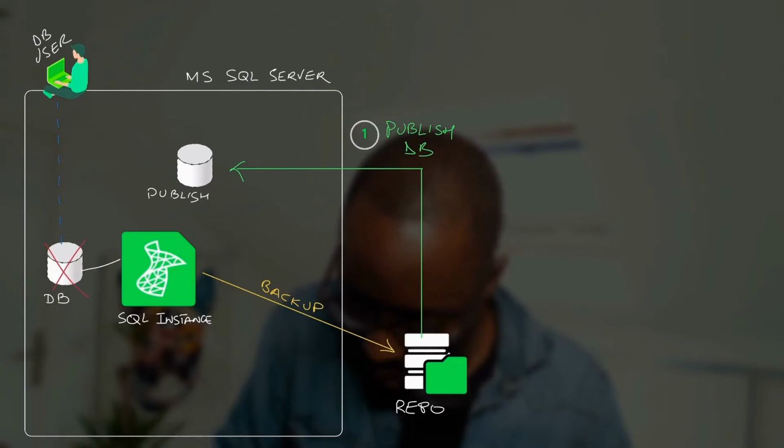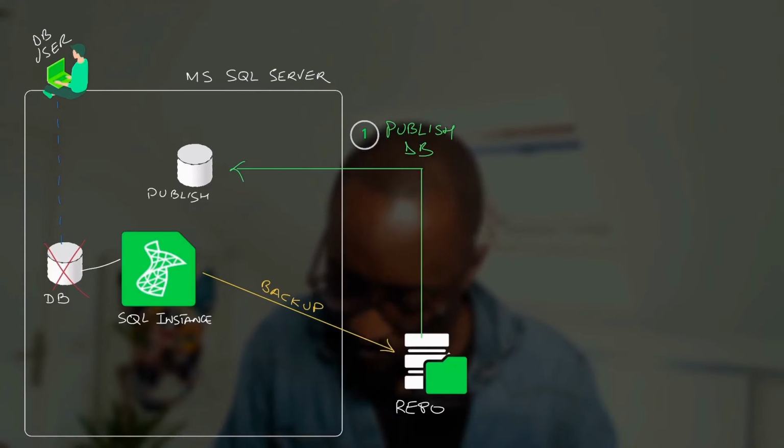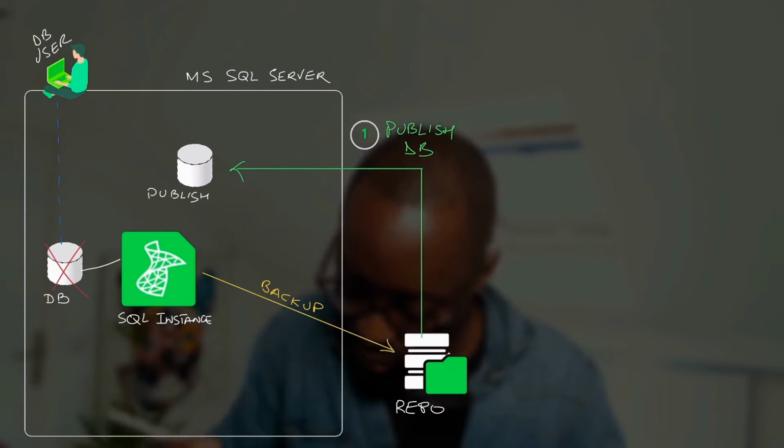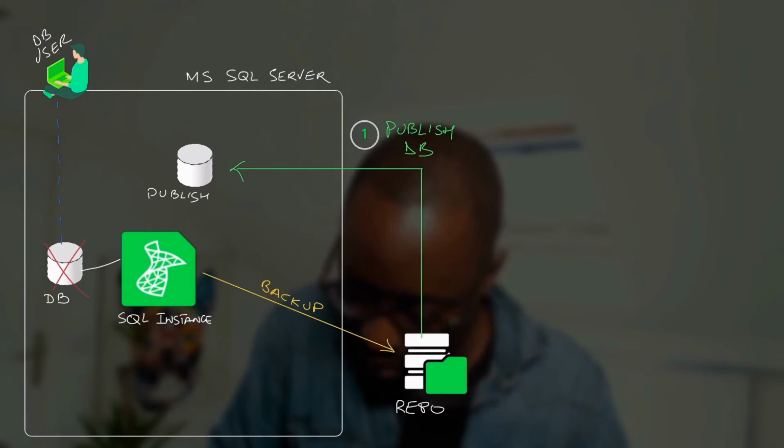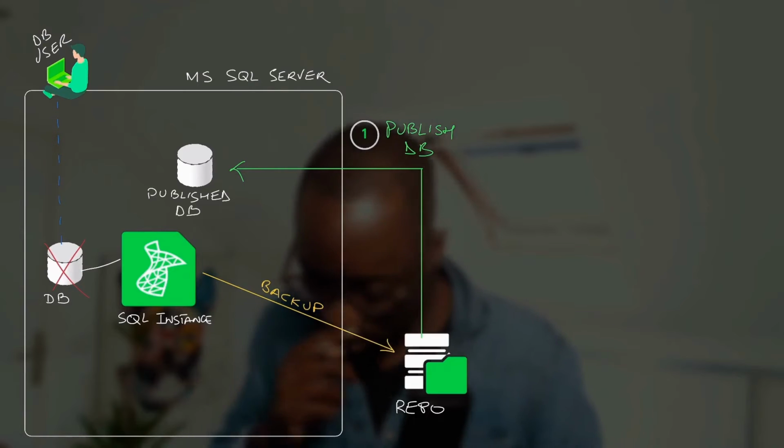Published because the data files of the database are stored on the Veeam repository, and it is from this repository that the database is attached to the SQL instance, allowing the database to function and be accessible. This is the first step.